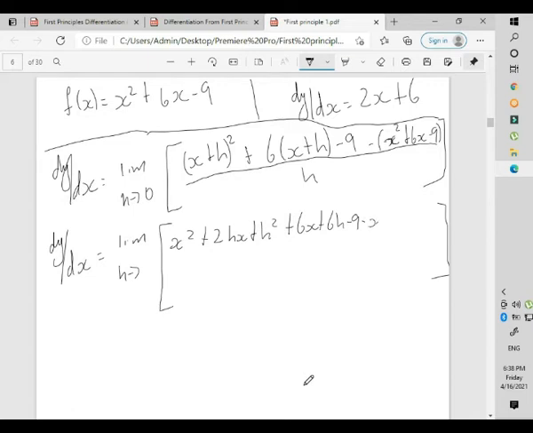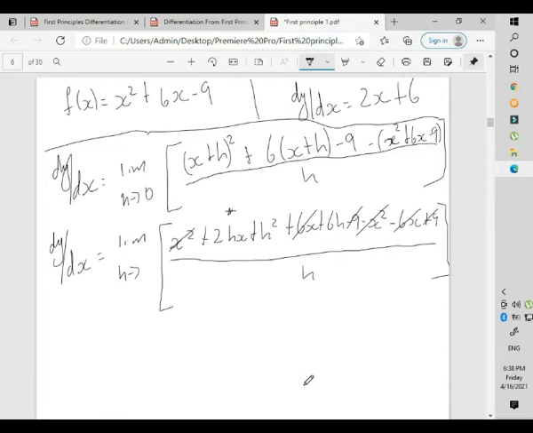I have minus x squared minus 6x plus 9. This is all being divided by h. So go ahead and cancel. Plus 9, get rid of minus 9. Minus 6x takes care of this positive 6x. Minus x squared takes care of the front x squared.